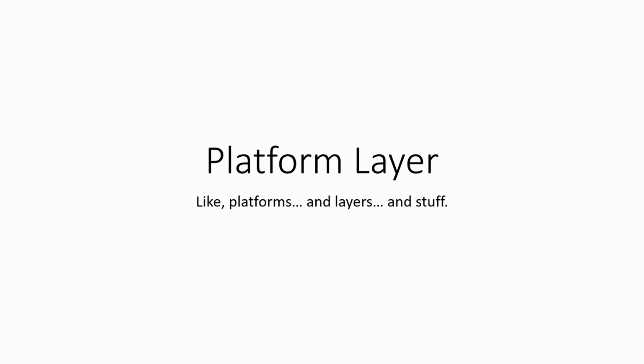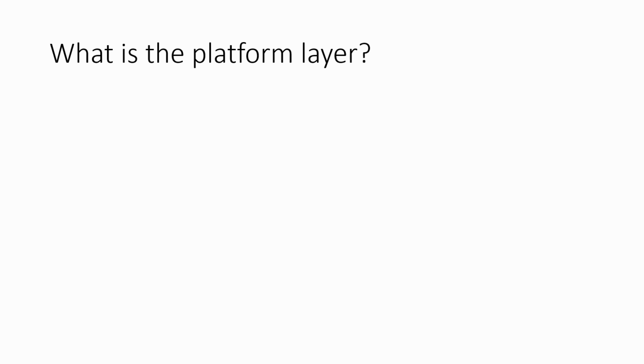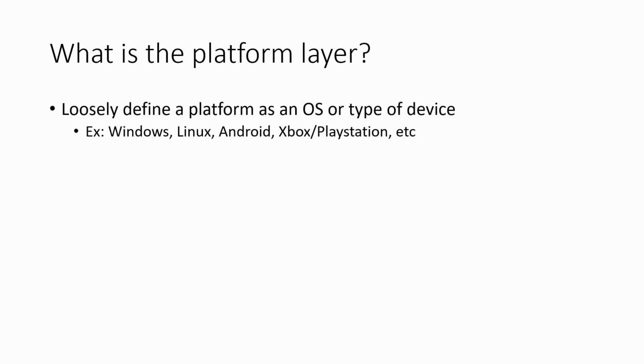So before we jump into the code, I wanted to take a quick second and talk about what a platform layer is and how we are going to set it up in Kohi. So first off, what is the platform layer? Well, in our case, we're going to loosely define the platform as an OS or type of device. So this might mean Windows or Linux, Mac, for example, it could mean Android, or it could even mean a game console like Xbox or PlayStation, Switch, something like that.